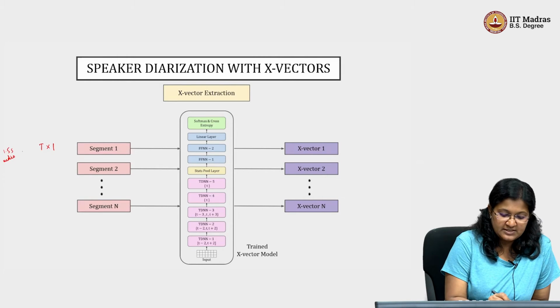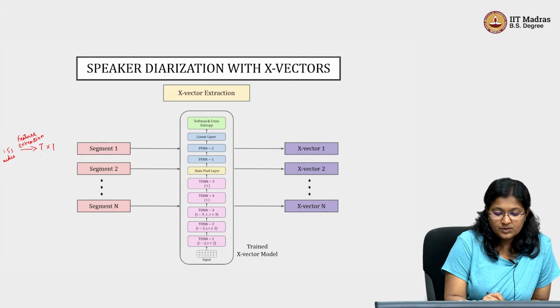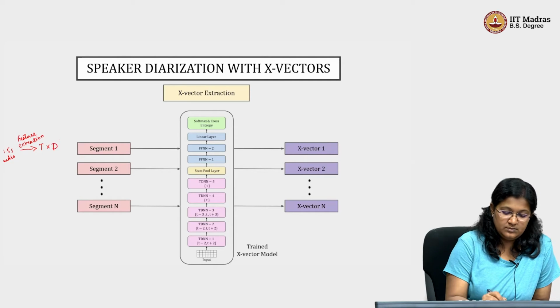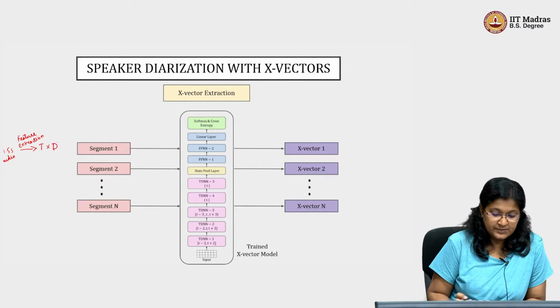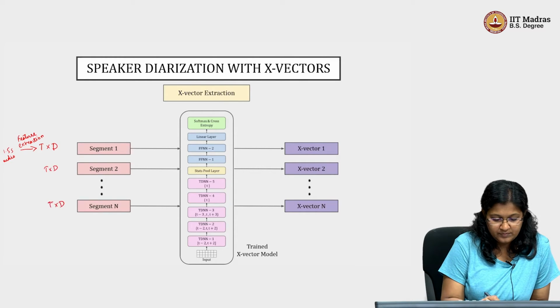Okay, that 1.5 second audio, you do some feature extraction. Okay, feature extraction. And you get some t cross 1, not 1, I am sorry, t cross d, I would say, t frames of d dimensions. Similarly, your segment 2 is going to be of this dimension t cross d.